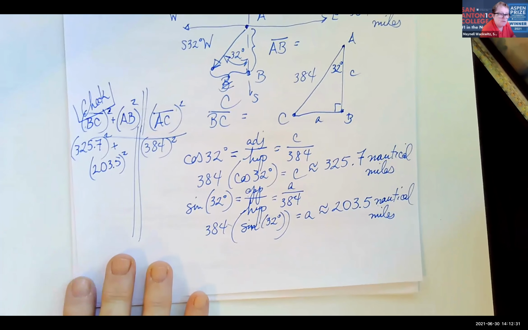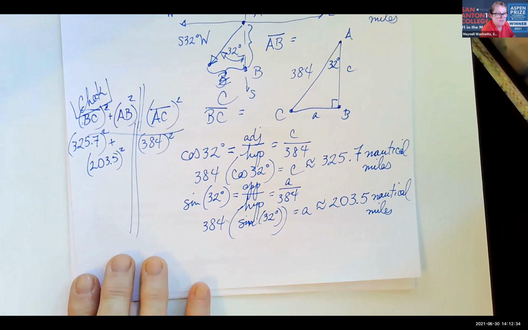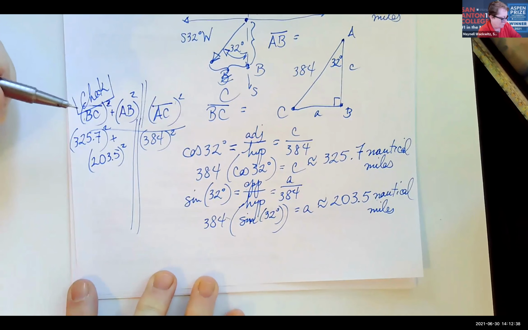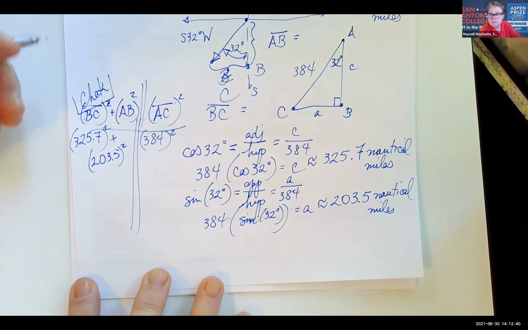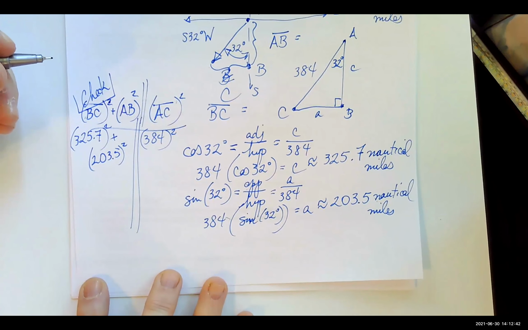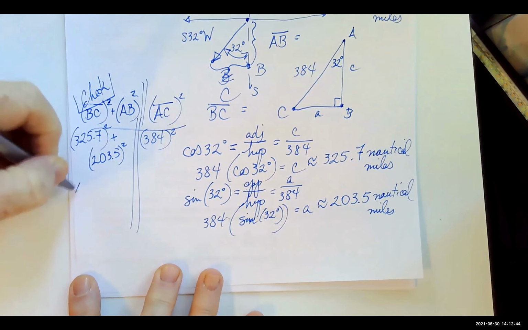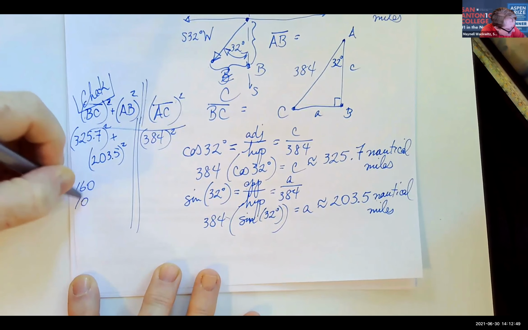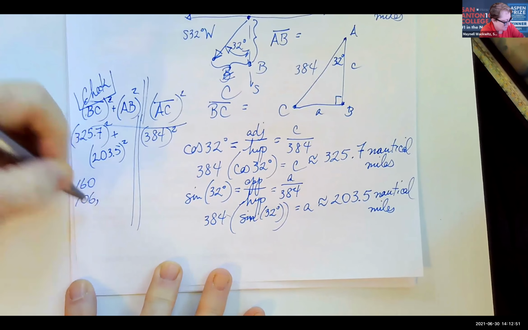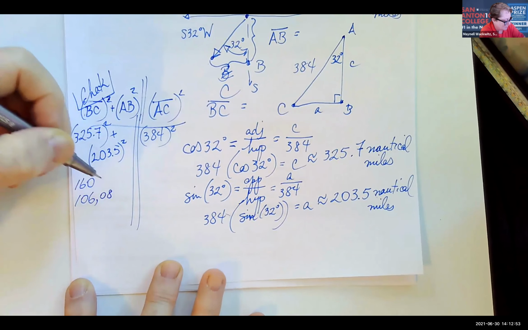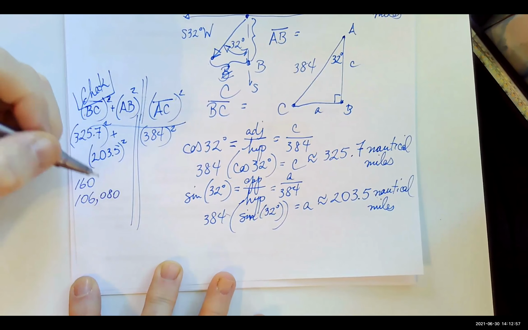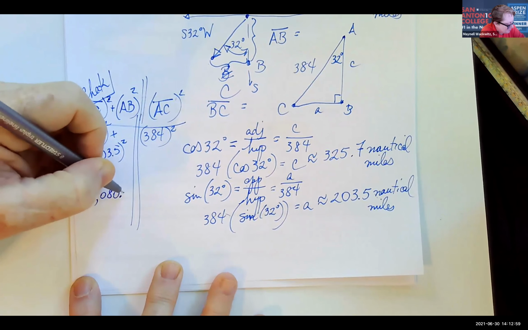Okay, what did you get when you squared 325.7? Let's do 2 decimal places. 106,080.49.